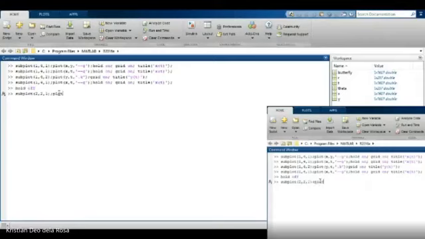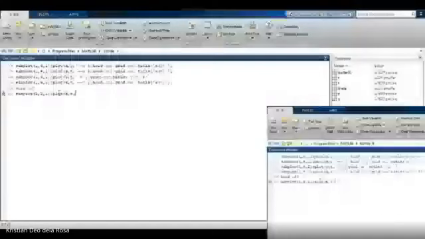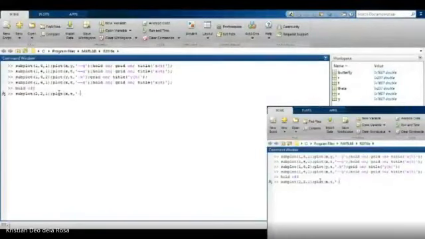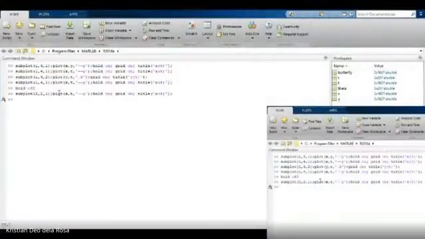Then next is plot x, comma t, with dash, then green. Then hold on, with grid on. And then yung title natin is x as a function of time. I hope that made sense.